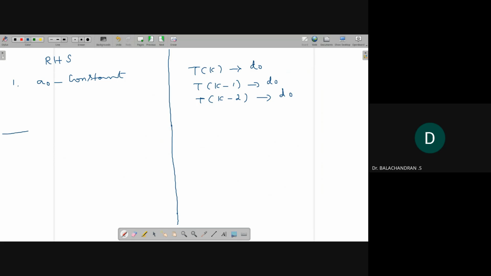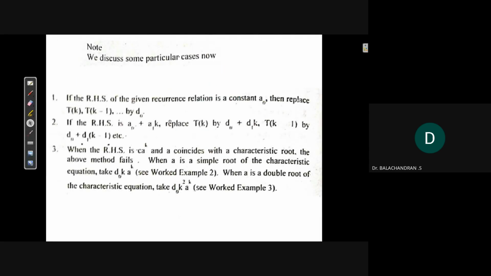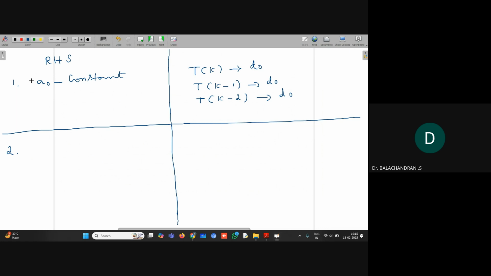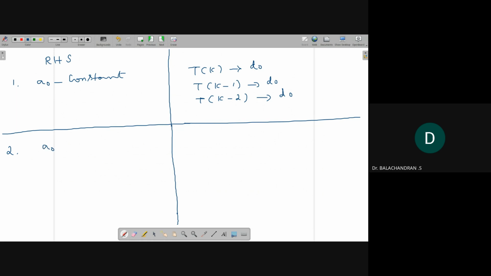If it is a constant, you'll choose another constant. Next, suppose your right hand side is linear in k: a naught plus a1 into k. In this case t of k is also linear: d naught plus d1 into k.